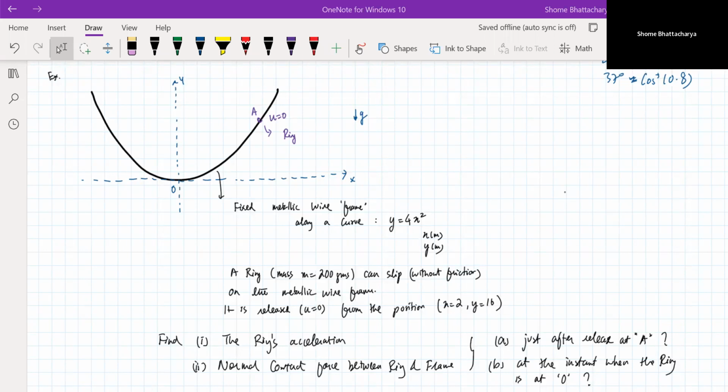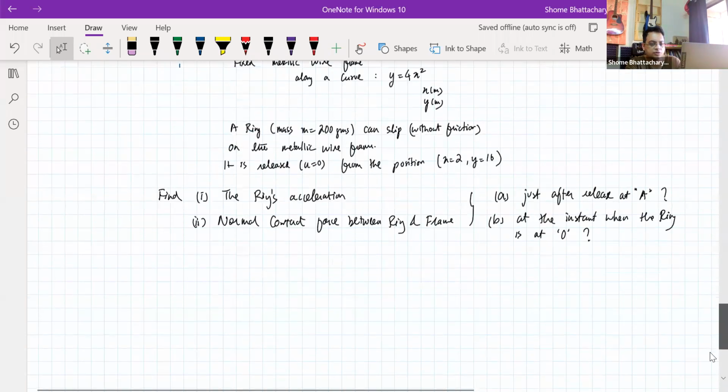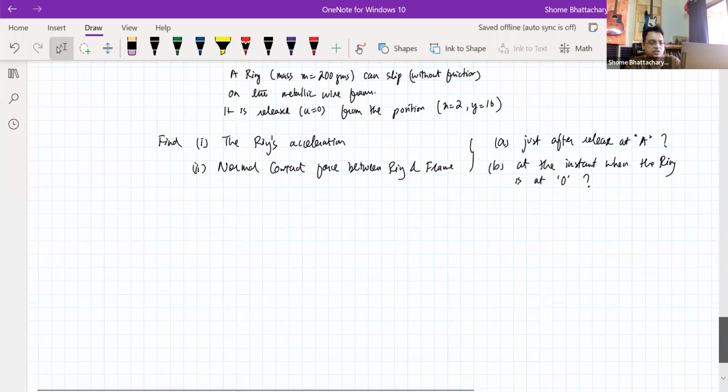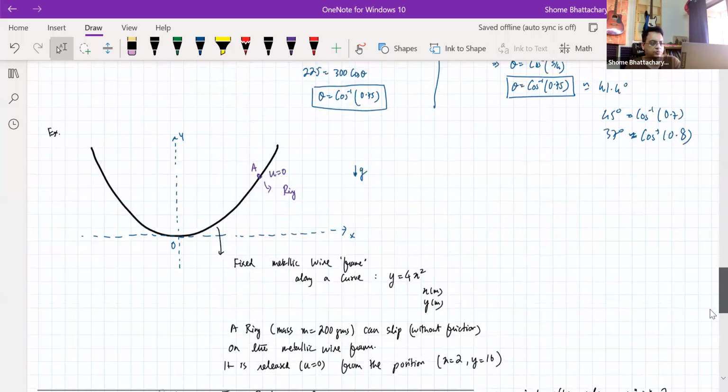Okay, so let's understand this question. To start with, let's find out the ring's acceleration and normal reaction when the motion starts, at that top position.